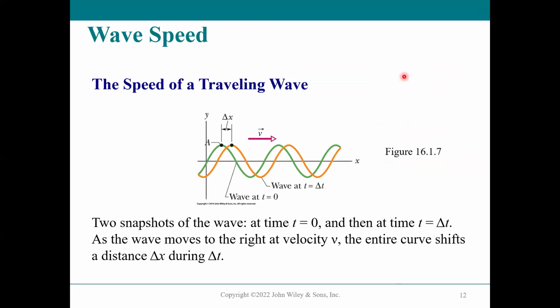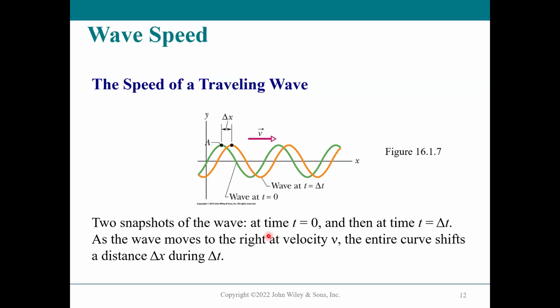Okay, and then what is the wave speed? Wave speed is the distance divided by time, right? So if we have two snapshots of the wave, at time t equal to 0 and then after t equal to delta t, there is a displacement.